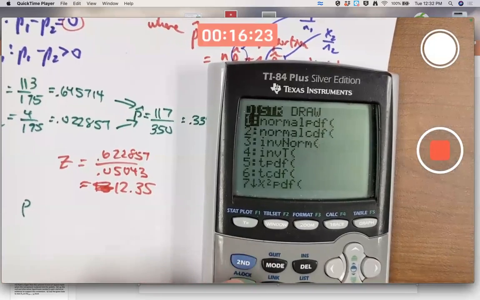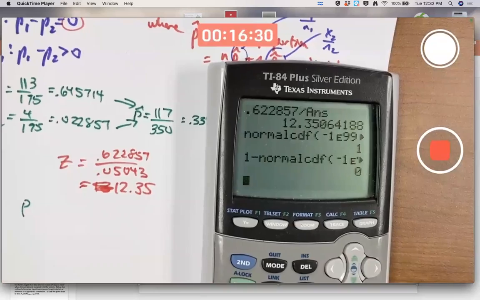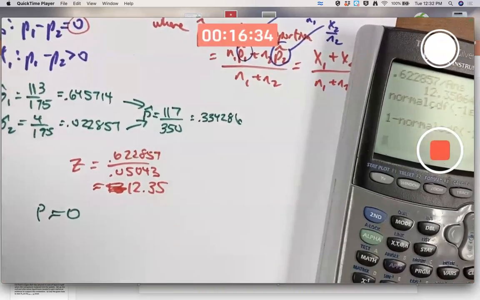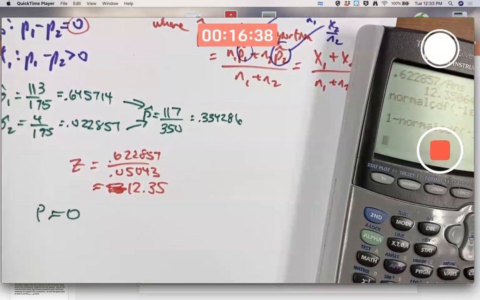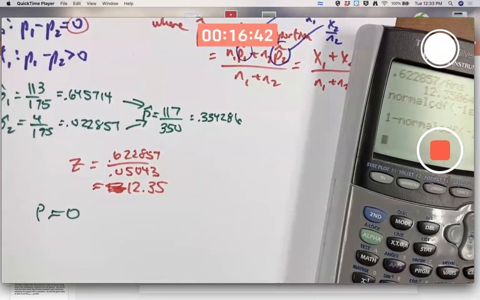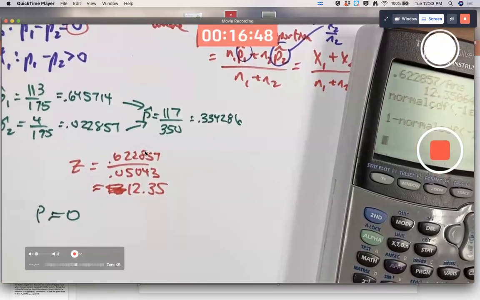Okay, let's see if this works. Okay, it's so close to zero, it's rounding to zero. The p-value is essentially zero. Yeah, it is a tiny positive number, technically speaking. I don't know, 10 to the negative 50 or something. So small, you can be pretty confident in saying there's no way this happened by chance if the null is true.